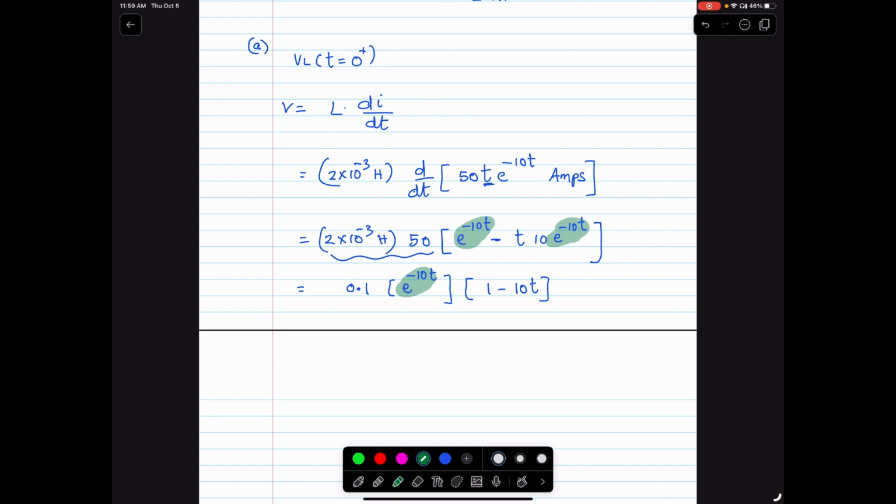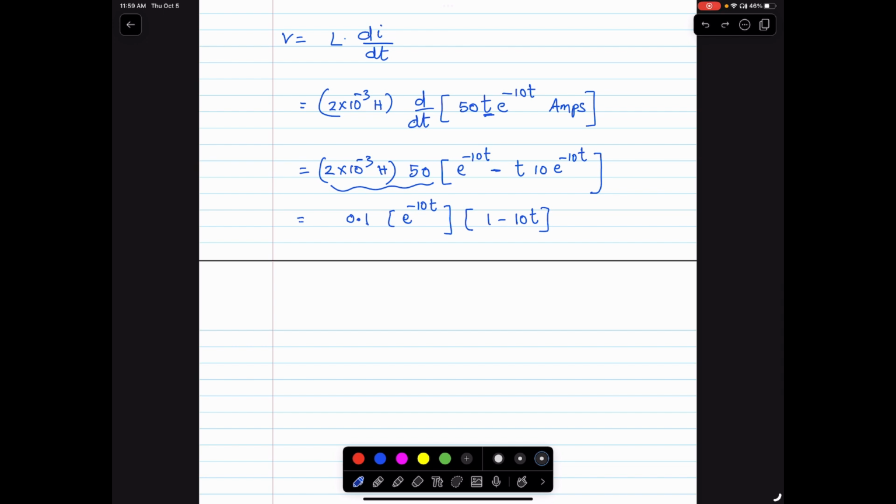What remains is a 1 from here, and then 10t from there. So this is simple mathematical manipulation. This is actually in volts. The voltage at time t is given by 0.1 e to the negative 10t times 1 minus 10t, in volts.